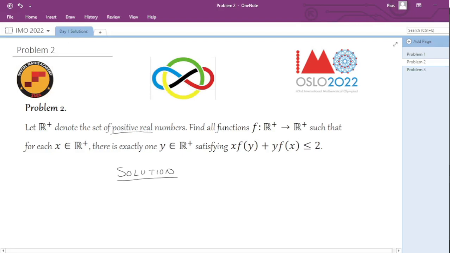First we're dealing with positive real numbers, and we have this functional equation, or more precisely this functional inequality, because we have functions and we have inequality instead of equality as usual. And also once we fix a value of x, we don't get to really choose what y should be.